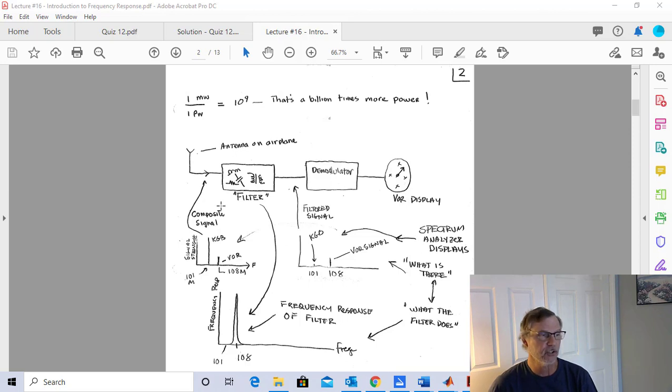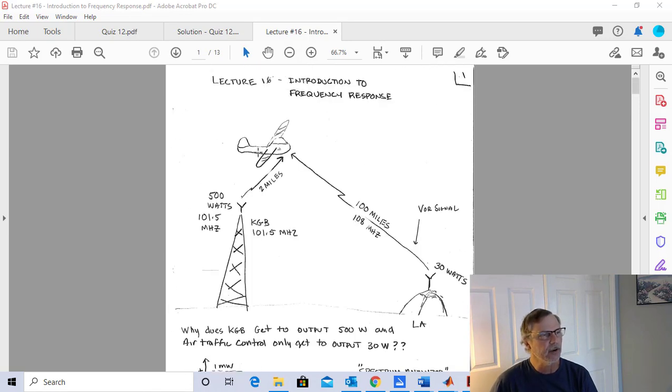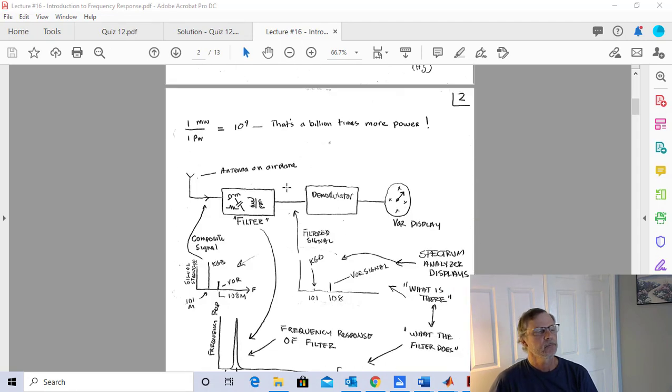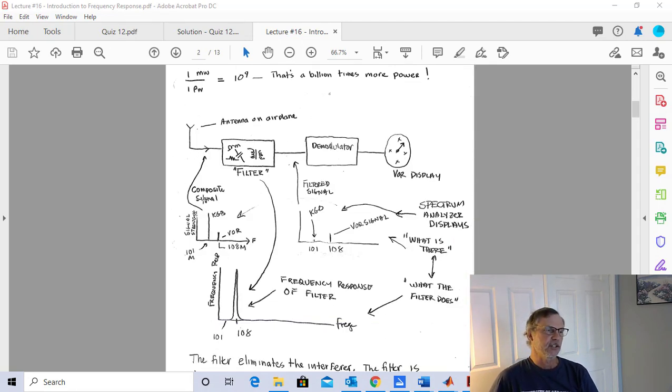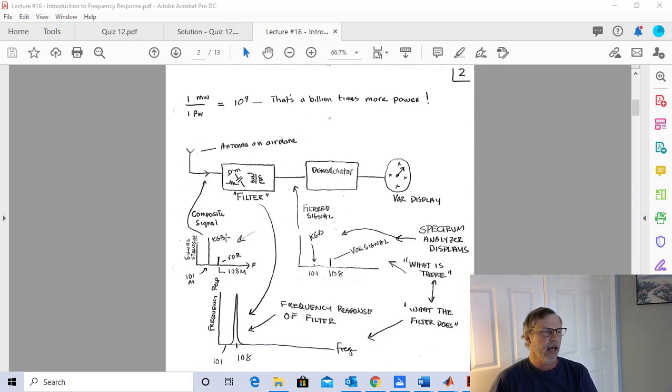It just tells us what's there. So let's look at what comes out of the antenna on the airplane. Or in other words, we're looking right up here at what we see. So what I see is this composite signal, and I see oodles of KGB, and I see a little tiny VOR signal. Now what I'm going to do is go through my filter.